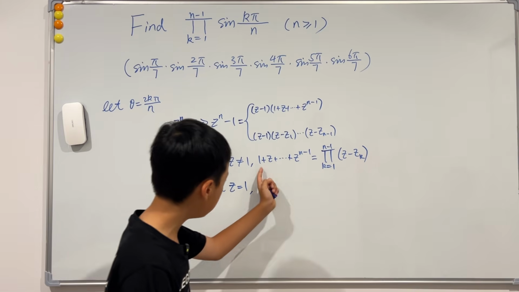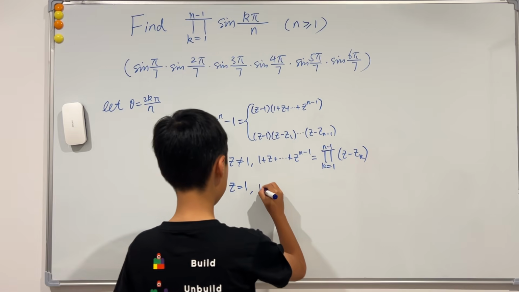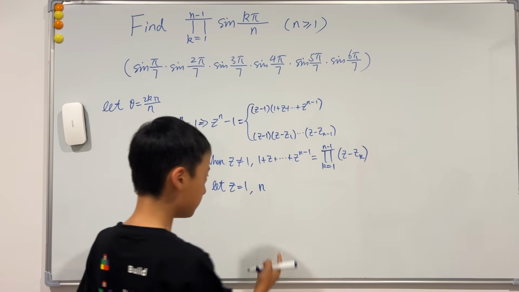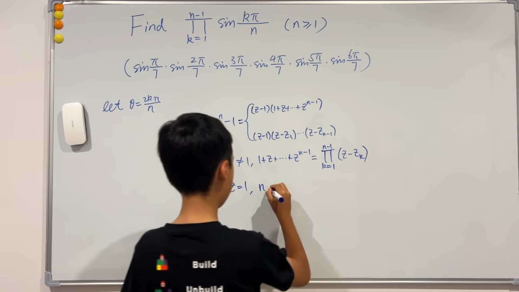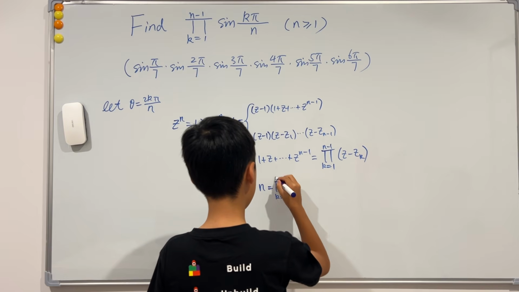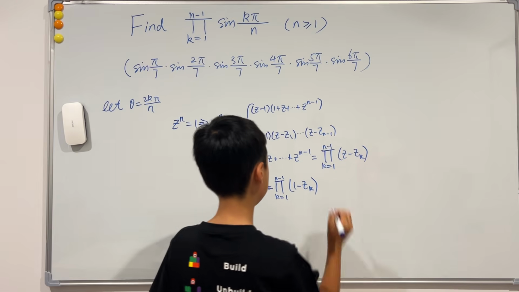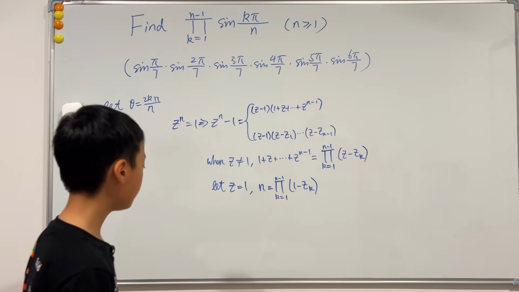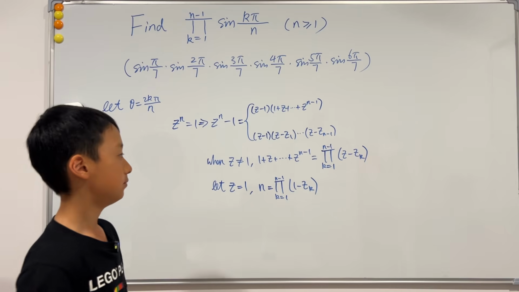And then I'll plug it into this. So the left-hand side will just be n, because there are n ones added together, because 1 is z to the power of 0. And this is equal to capital pi, k equals 1 to n minus 1, of 1 minus zk, right?